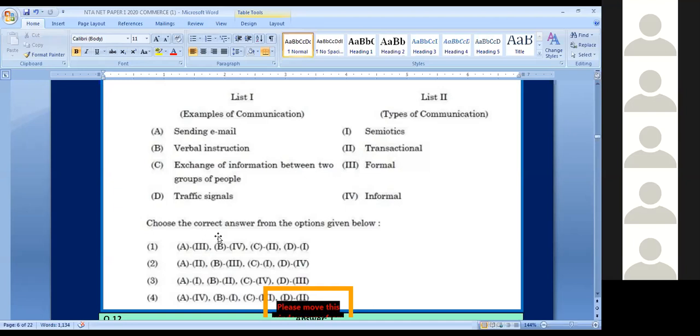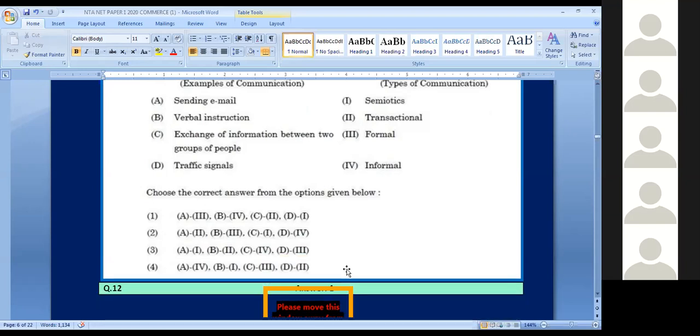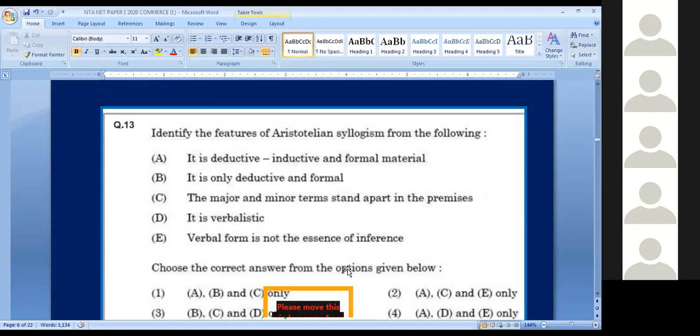For A, it is 3. When I'm sure about this, I can definitely click that. Check out B, it is 4. Traffic signals. Are they formal? Traffic signals are informal. So it is matching. I need not check all those things. When it matches, and up to my knowledge it is correct, then I can move on.